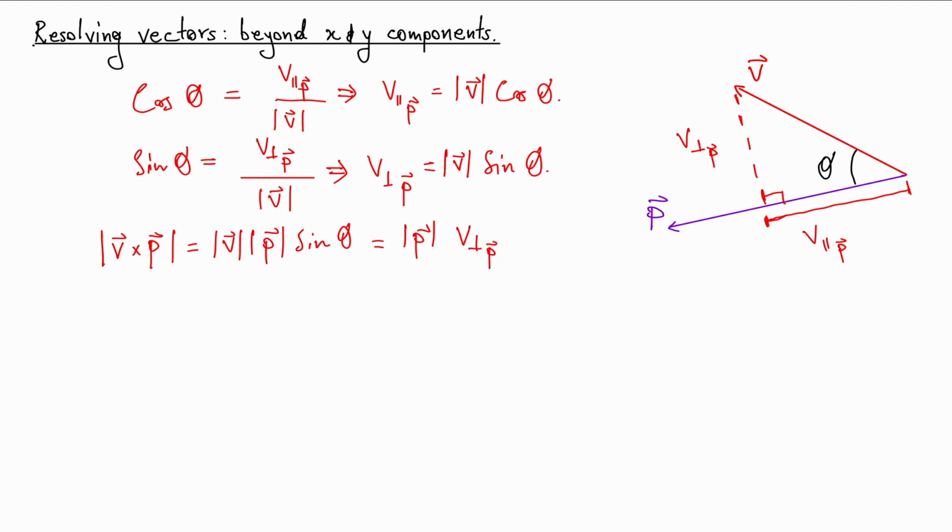So if we are interested in finding V perpendicular to P bar, we can simply divide by P bar in this situation.